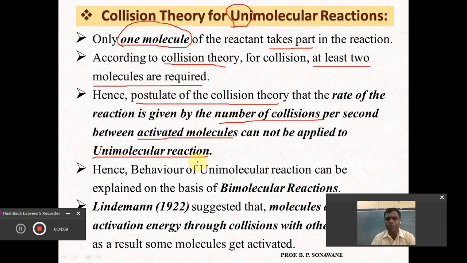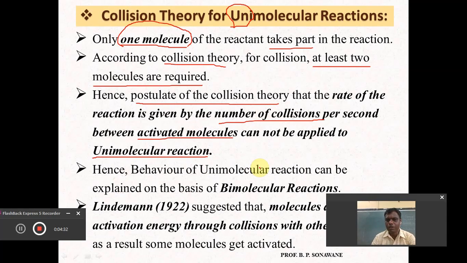In a unimolecular reaction only one molecule takes part, because collision theory involves two molecules.